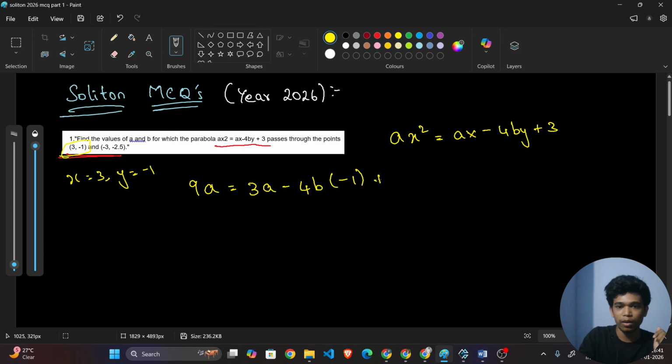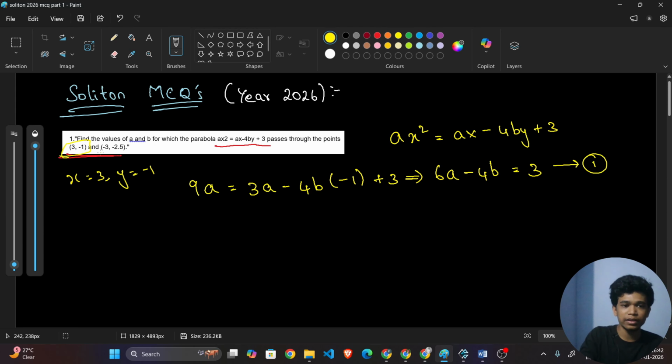It is −1, plus 3. Okay, now bring the constants to one side and a and b to the other side. If I move this, then it will be 6a − 4b = 3. So this is going to be your equation number 1.